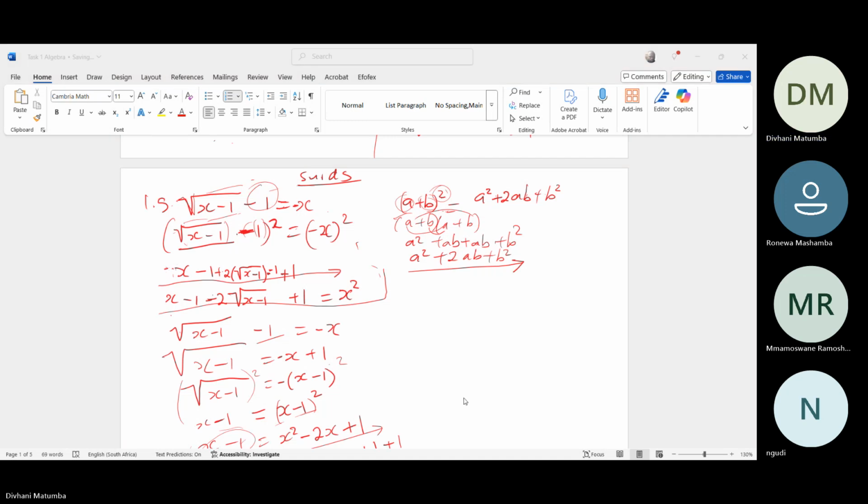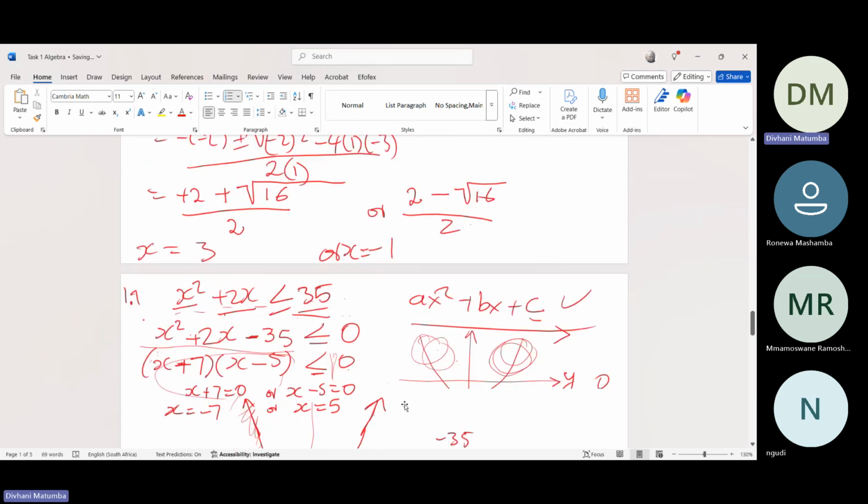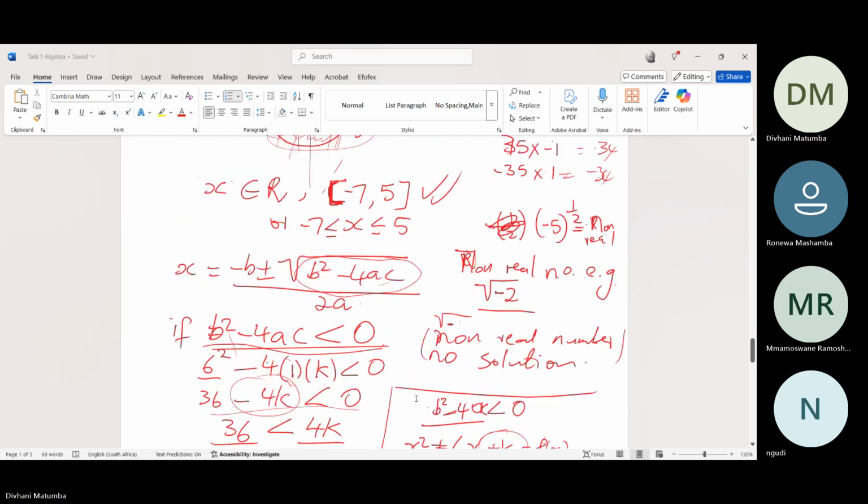So, Ronel, given that what is under the square root is given by b squared minus 4ac, what is it that we must equate this expression b squared minus 4ac to, so that our function will have 2 solutions?